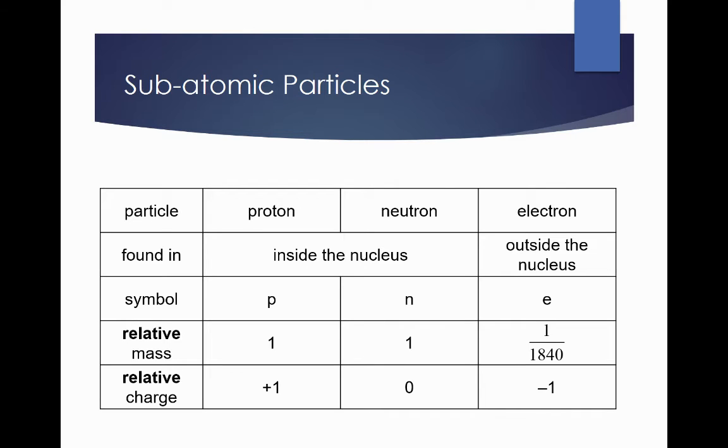This table shows you the three kinds of particles, and it also shows you the various locations, whether it is inside the nucleus or outside the nucleus, surrounding the nucleus, and the relative mass as well as the relative charge are also given, and you can see that they are three very different particles with very different properties.